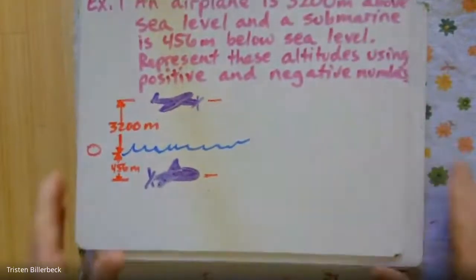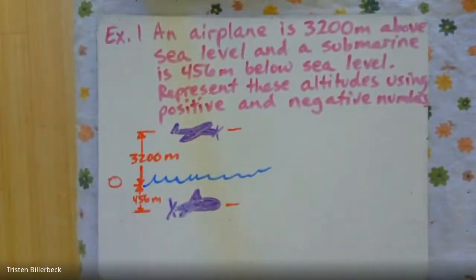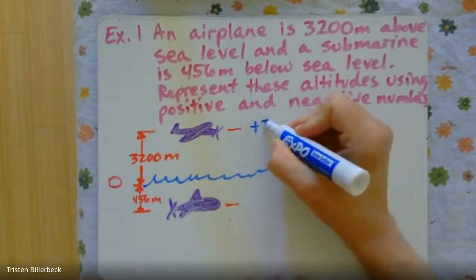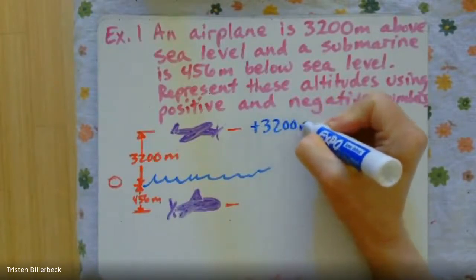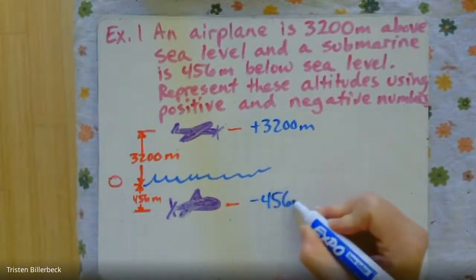So let's look at an example of what makes a number negative. An airplane is 3,200 meters above sea level, and a submarine is 456 meters below sea level. Represent these altitudes using positive and negative numbers. Well, this would be plus 3,200 meters, and this would be minus 456 meters.